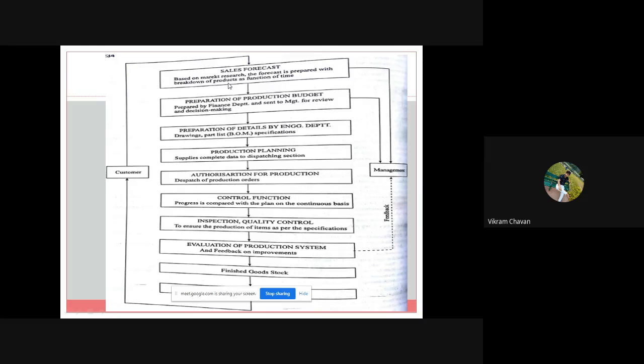These changes need to be included in the product, some extra additional functions. So in that case, the engineering department needs to change the product design or the product drawing.